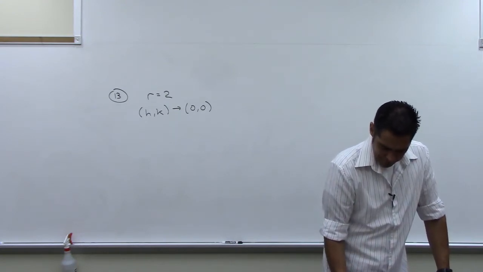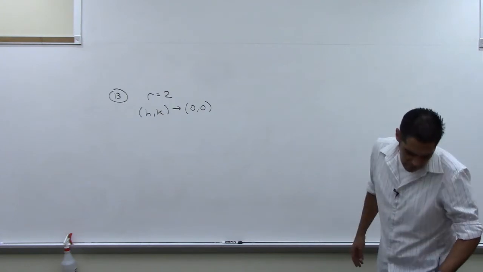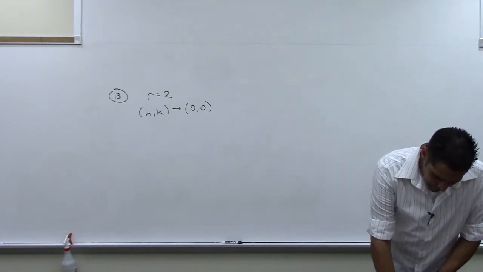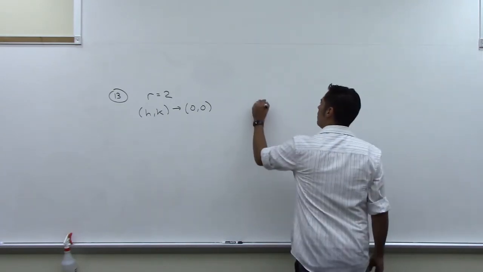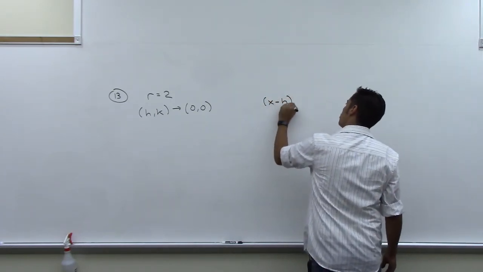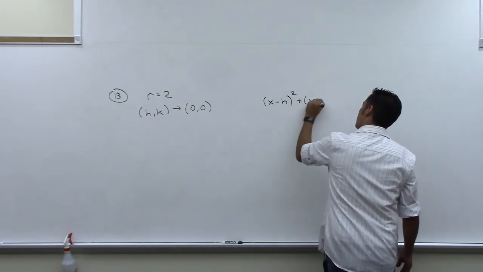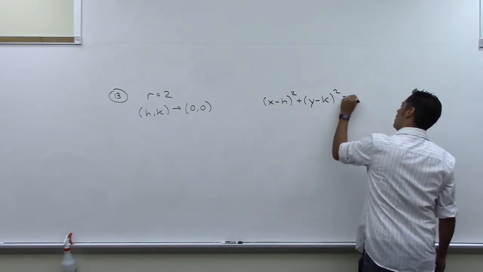So let's see what the difference is here. The standard form, x minus h squared plus y minus k squared equals r squared.